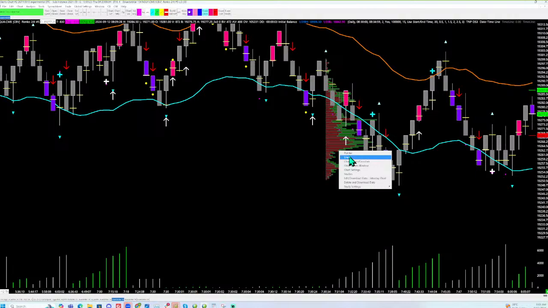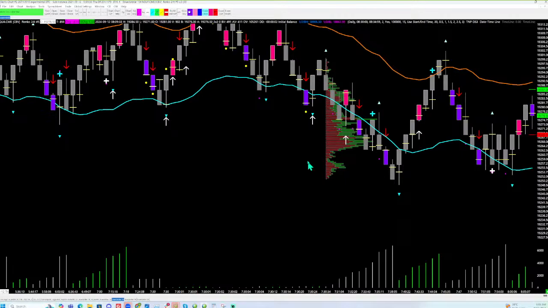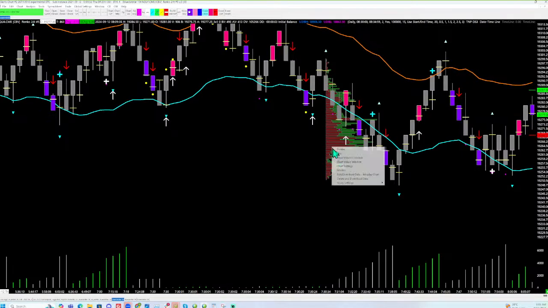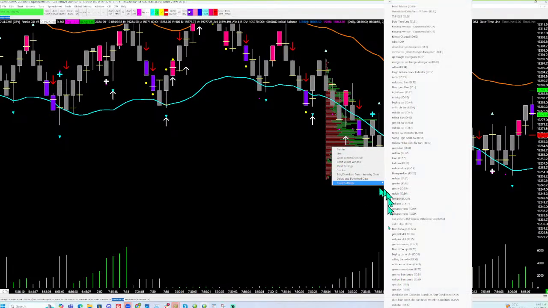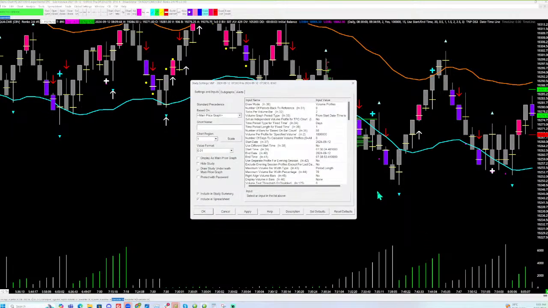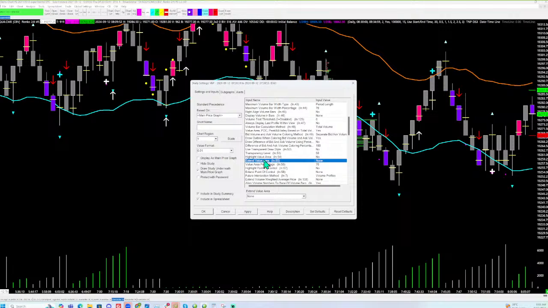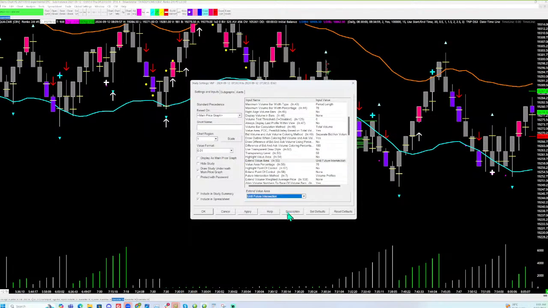Hold on. Let's go fix this real quick. Study settings. A world of algos, I'll be cleaning that up. Okay, let's go to highlight. Extend value area. Okay.